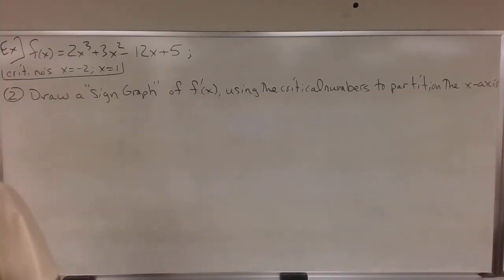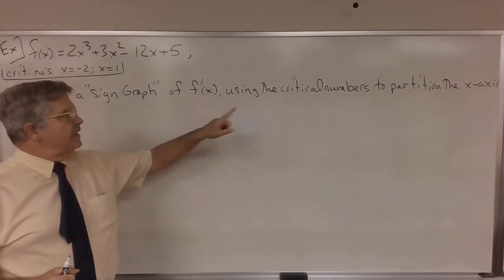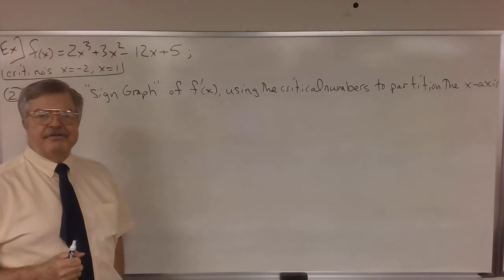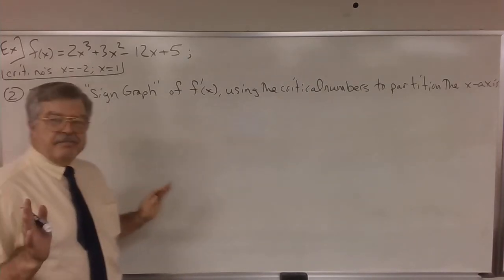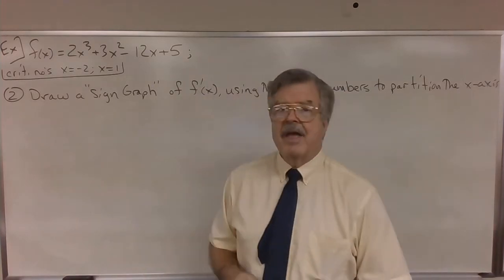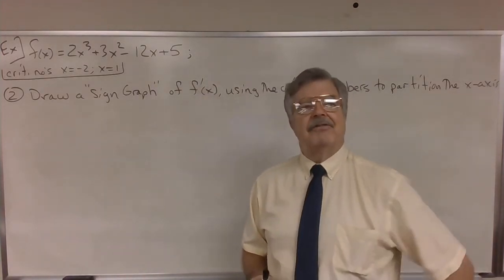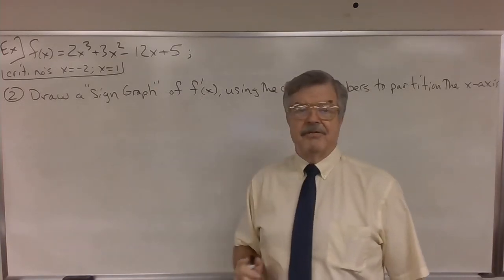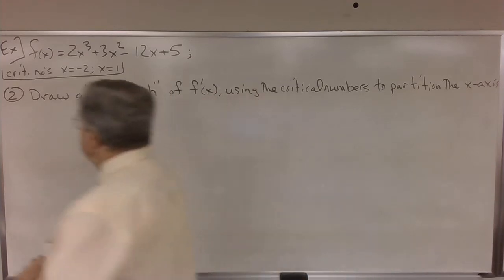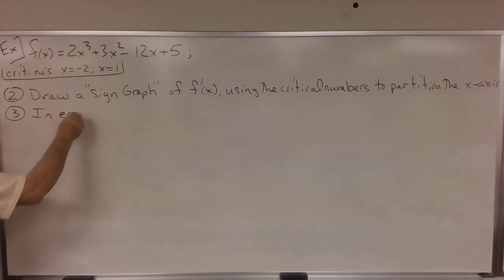Draw a sign graph of the derivative. And we use the critical numbers to partition the x-axis. A sign graph, that's just a picture of the x-axis. And in that picture of the x-axis, we stipulate where the derivative is positive and where it's negative. And very closely related to step 2 is step 3.